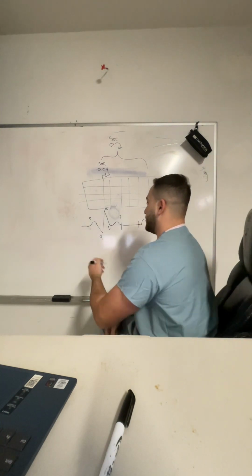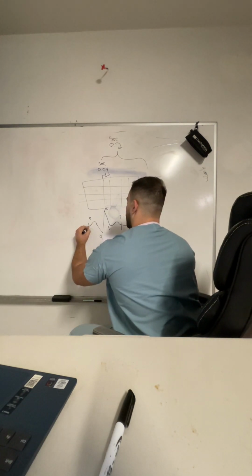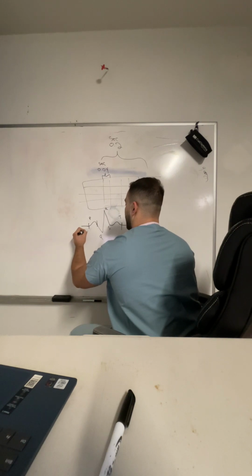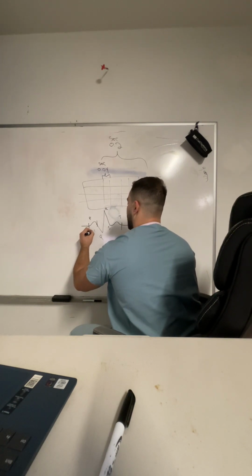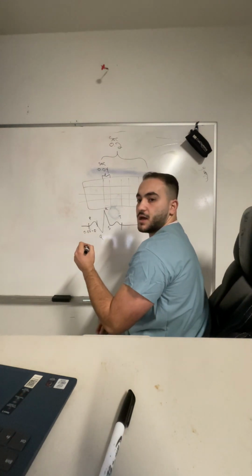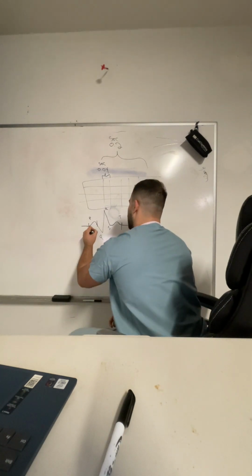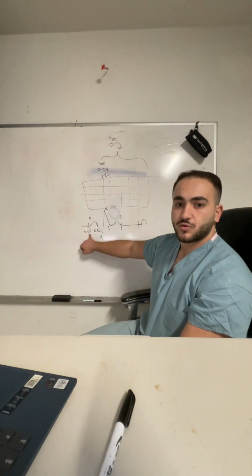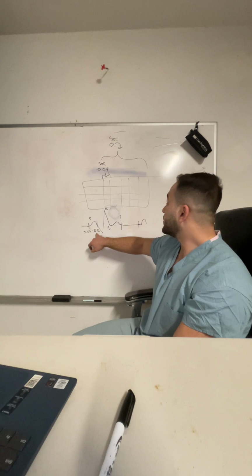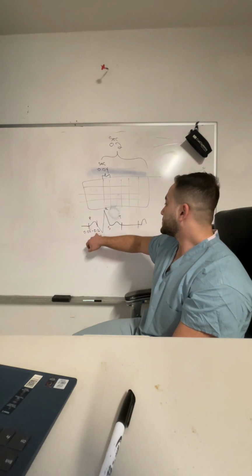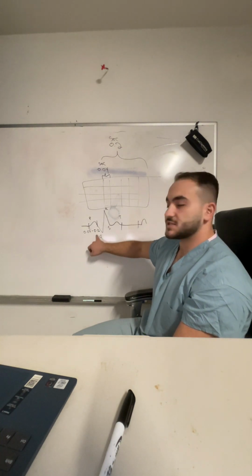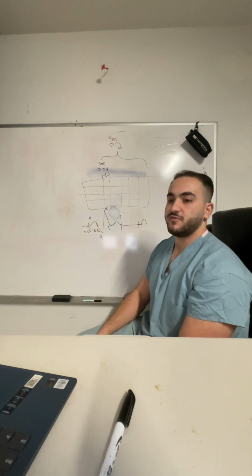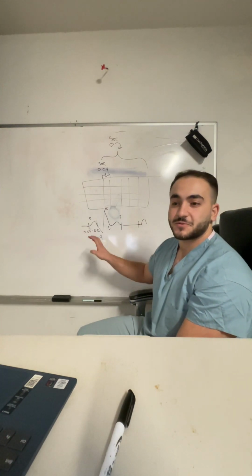So our P wave alone, from here to the start of the Q, is anywhere from 0.06 to 0.12, okay? So that's slightly over one small box to two small boxes, okay? So that's the normal range for our P wave. This is all going to make sense in a minute. We're going to tie it all together.